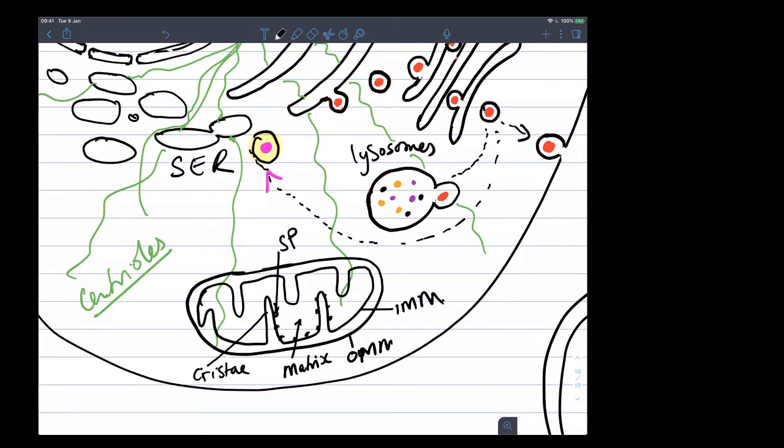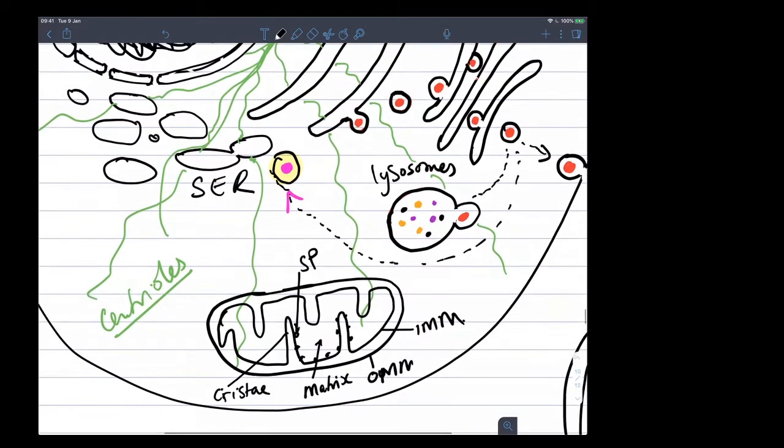And remember that in order for the matrix to carry out the Krebs cycle stage and the link reaction stage of respiration, it has to have all the enzymes in order to do that. So remember that that is happening there.